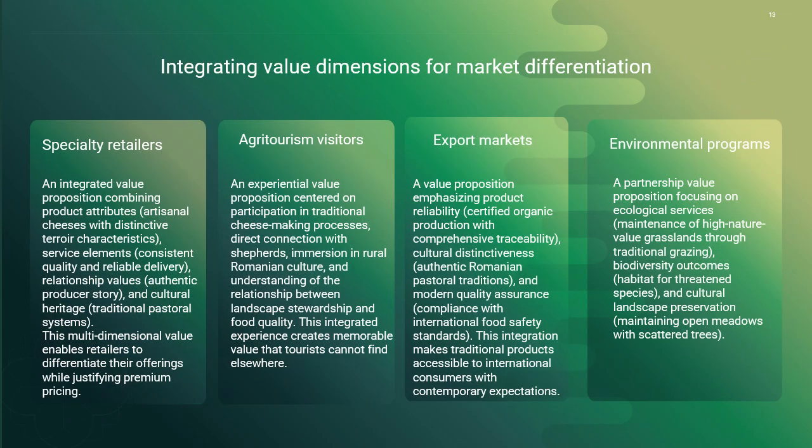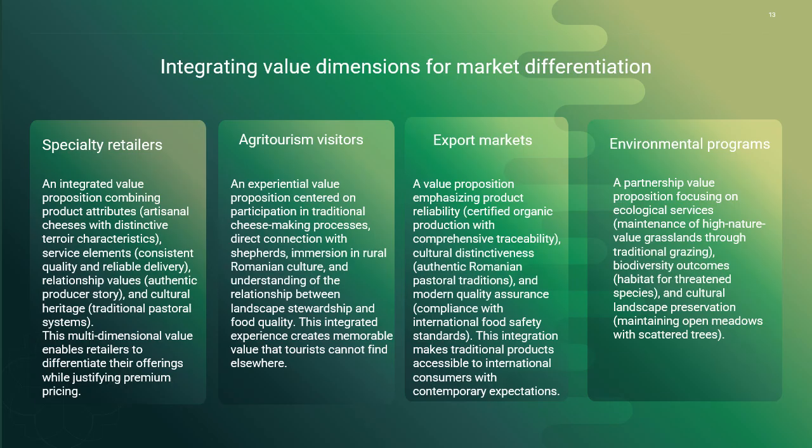Effective agricultural value propositions typically integrate multiple value dimensions to create distinctive market positions. Let me illustrate this with an example of a Transylvanian sheep dairy that develops different value propositions for different market segments.